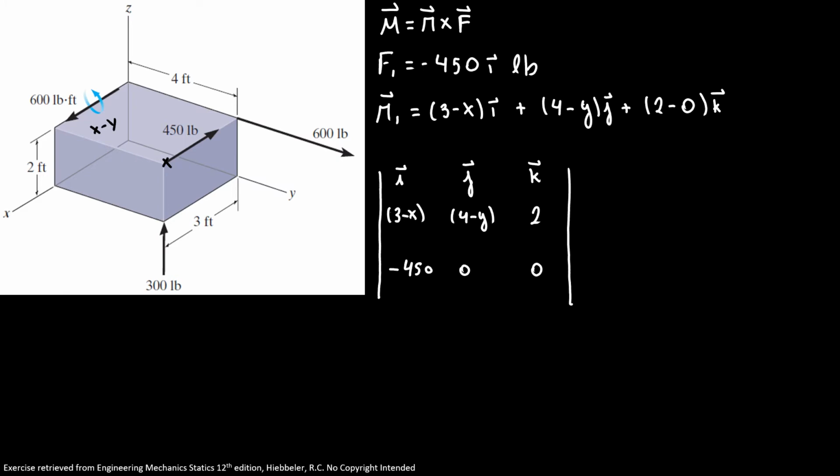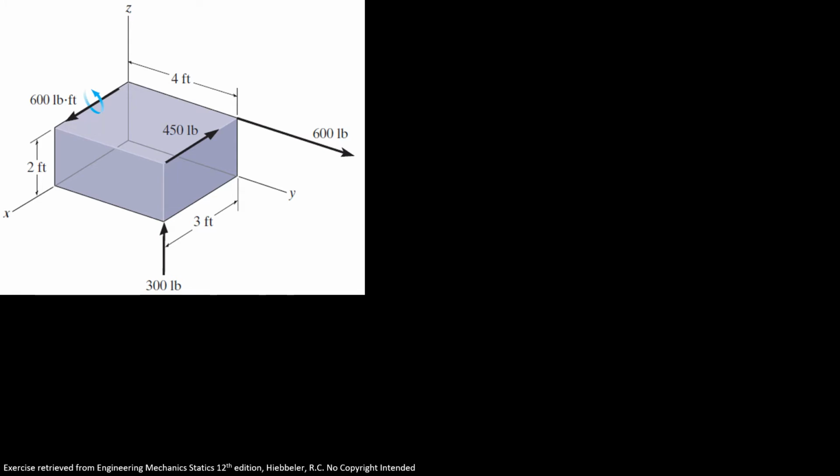So our moment 1 is equal to minus 900 J plus 450 times 4 minus y in the direction k.